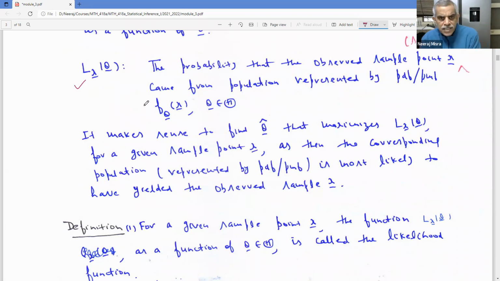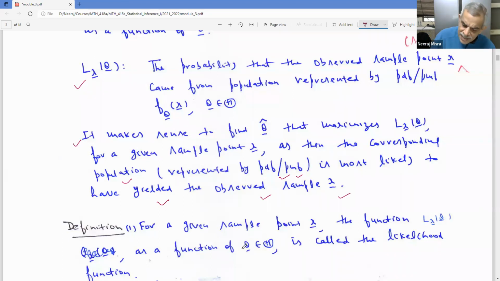Now you already observed the sample, so you would like to see which population this sample was most likely to come from. So that way maximizing L_x(theta) makes sense. So that is what it says. It makes sense to find theta hat that maximizes L_x(theta) for a given sample point, as then the corresponding population represented by PDF or PMF is most likely to have yielded the observed sample.